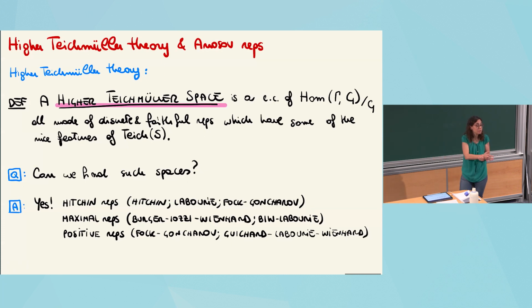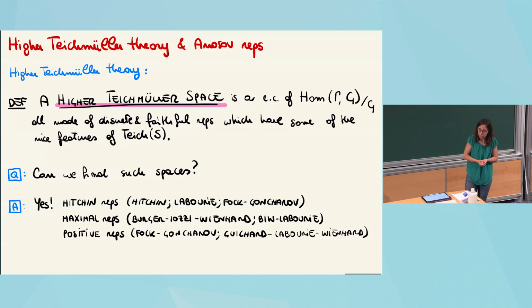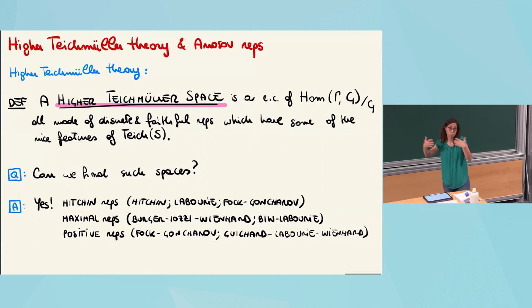We have seen some examples today. Tengrin already introduced Hitchin representations. I'm going to redefine them in the next slide. Hitchin representations form a nice subset of the character variety, and Labourie, with the notion of Anosov representation, and Fock and Goncharov, with the notion of positive representation, showed that these are examples of higher Teichmüller spaces, and then one can define many more.